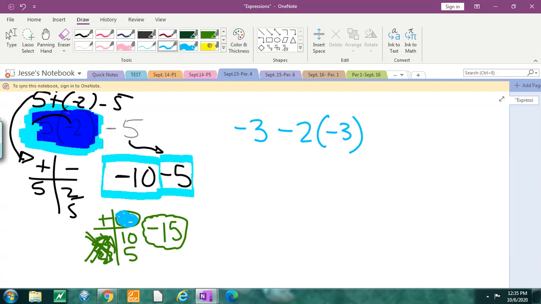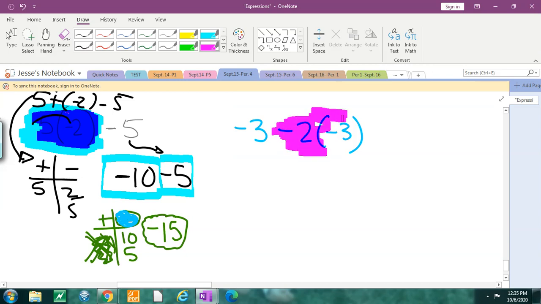No, you see a multiplication, so you got to do that first. Where's your multiplication? Right here, -2 times -3. There's your multiplication. If you don't have markers, just circle it. All right, so now what's negative times negative? Positive. Now what's 2 times 3?